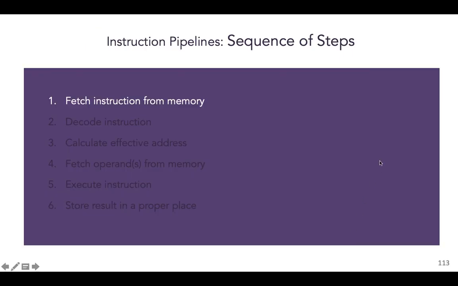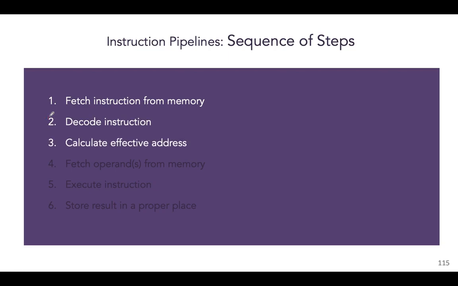Next, we're going to take a look at how to design a very simple instruction pipeline, just like we did in case of the arithmetic pipeline, just a design example. But before we do that, we have to take a quick look at the sequence of steps involved in an instruction cycle. So the first step is to fetch the instruction from the memory. The second step is to decode the instruction. This step tells us what this instruction is all about, what actually we have to perform now.